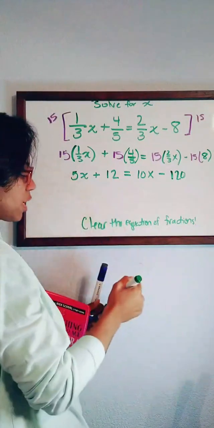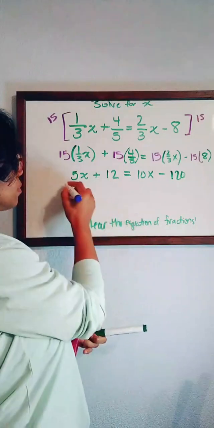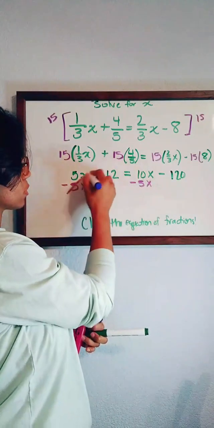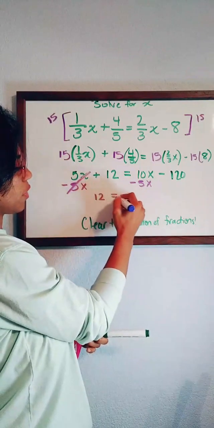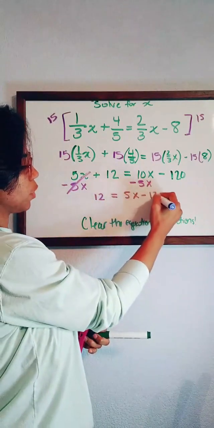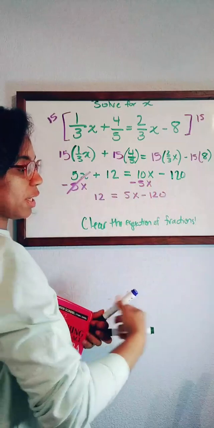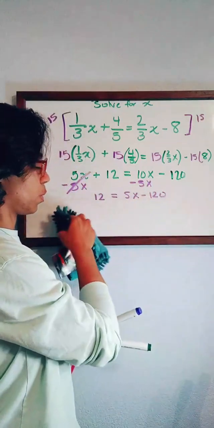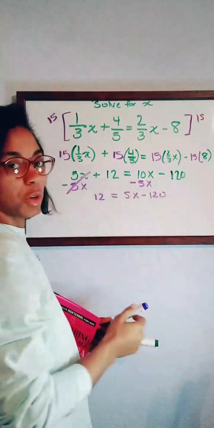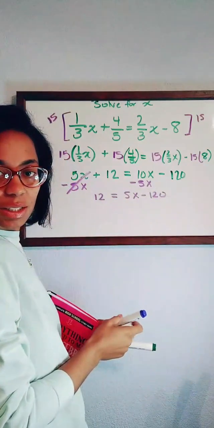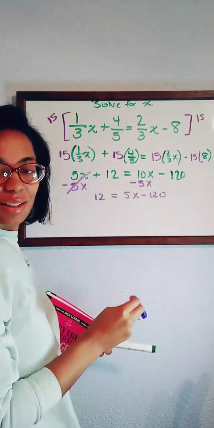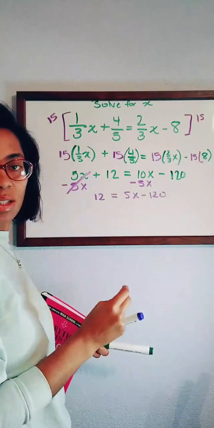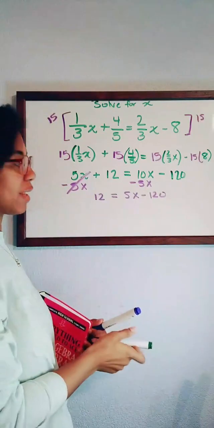Subtract the 5. All right, so we're going to go ahead and subtract 5x from both sides. So that's going to leave me with 12 is equal to 5x minus 120. And I'm going to go ahead and erase what's at the bottom so we have some more room. What do we want to do now? Add the 120.